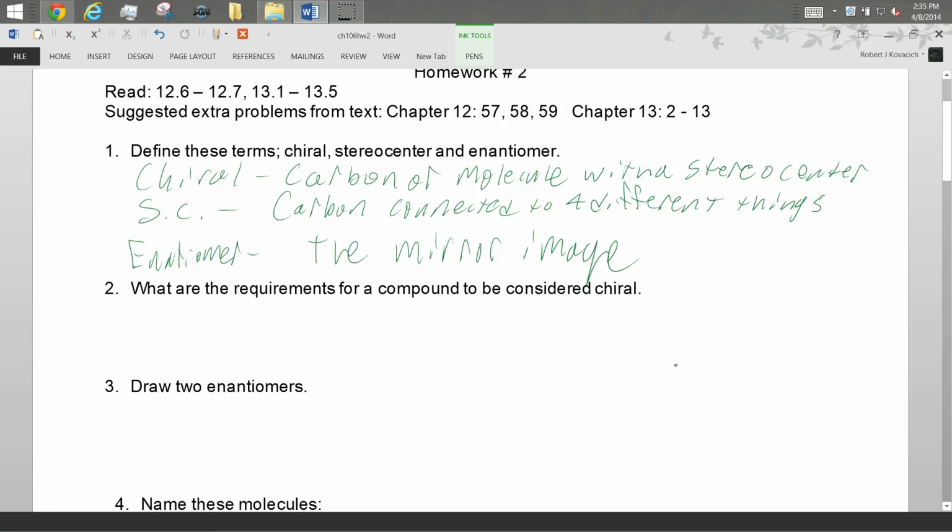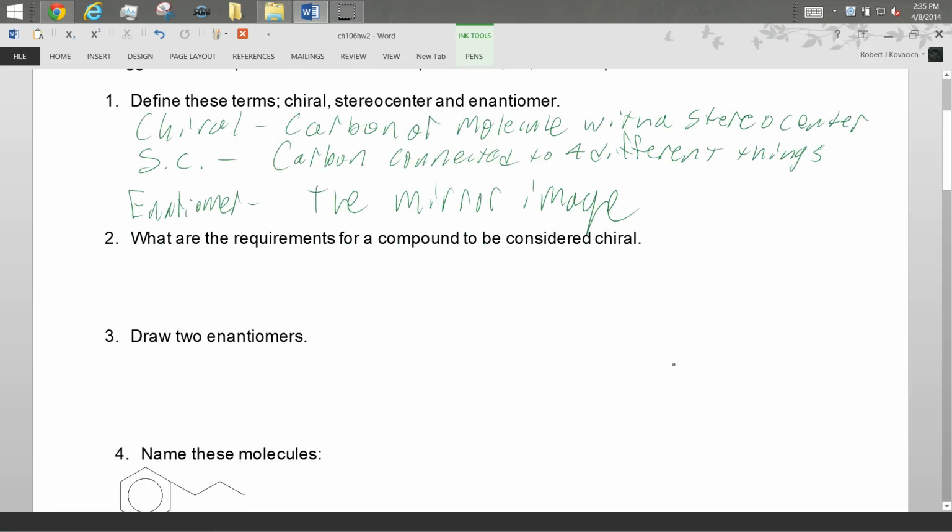What are the requirements for something to be chiral? Well, that's pretty much the same thing as we had right here, right? I need a stereocenter. I need four separate connections. This looks terrible.